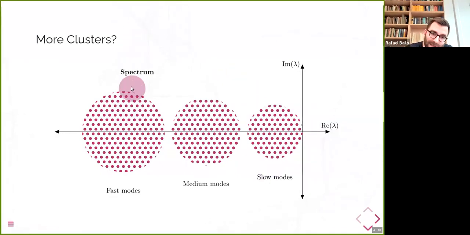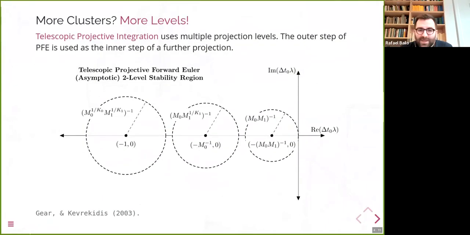So somehow you do half of the collision modes, then the other half of the collision modes, and then the outer layer gives you the transport. So again, the stability analysis can be done for a many-layer scheme. So asymptotically, you get this many-disk structure.